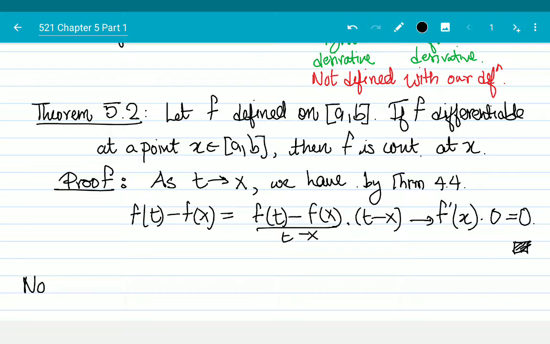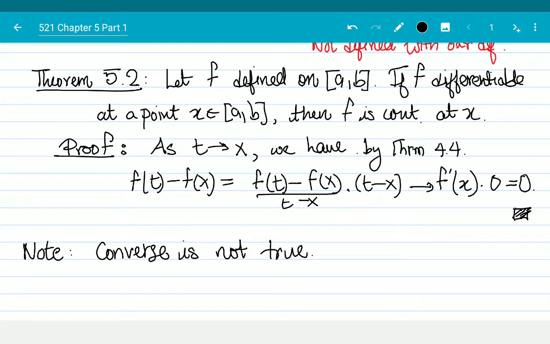Note, the converse is not true. Continuity does not imply differentiability.